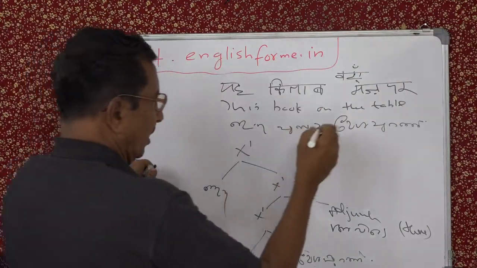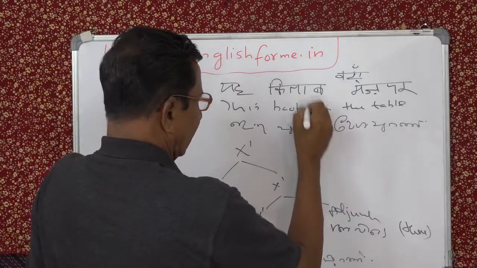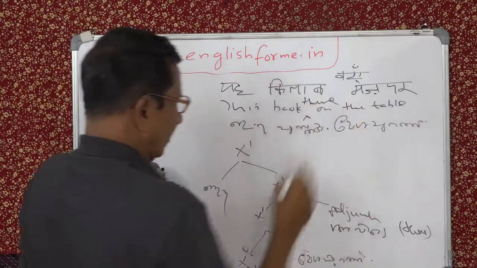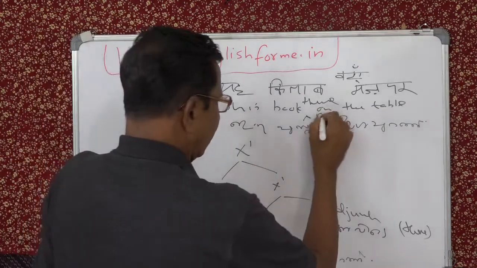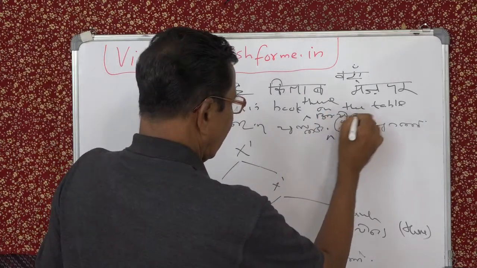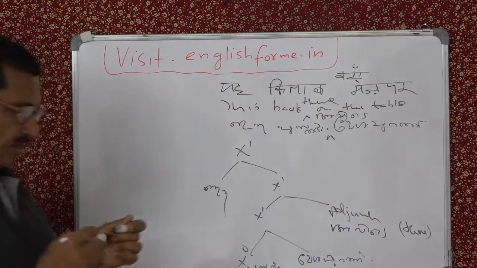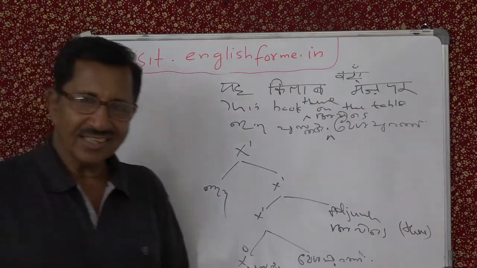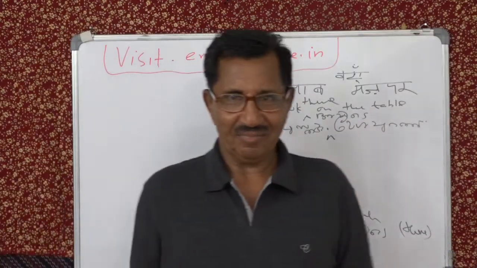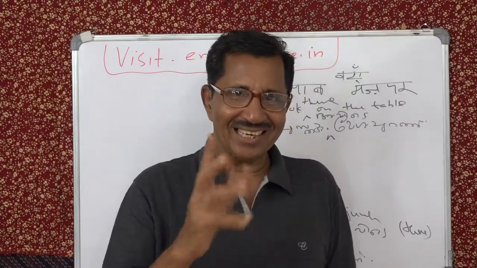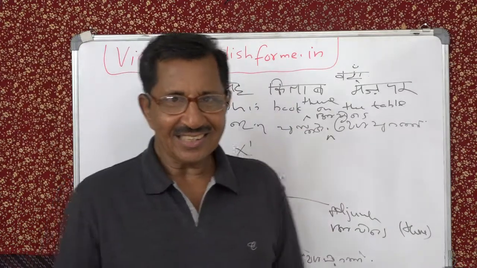This book there on the table. ई पुस्तകम आविട मेज पर. So 3 languages you find the phrases are alike. So they have got same syntactic structures. Clear? So clear to you, no?